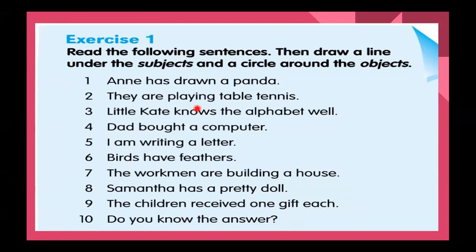So we have to underline the subjects and circle the objects in this exercise. First, I will do for you, and second, you will try to solve. Anne has drawn a panda. I told you subject comes at the beginning of the sentence. So Anne is the subject over here. A panda is the object. So I'm circling the object.